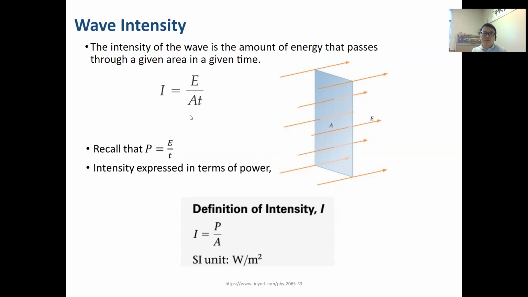And because E over t is power, the intensity can also be expressed as P over A. So the power of the wave divided by the area gives you the intensity at a certain point. The SI unit for intensity is watts, for power, divided by meter squared for area. So I equals P divided by A.